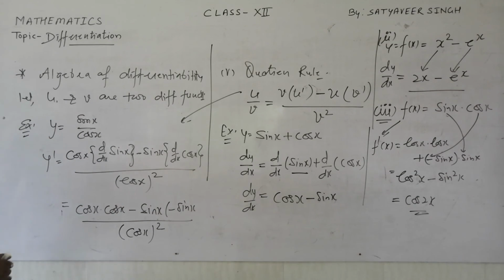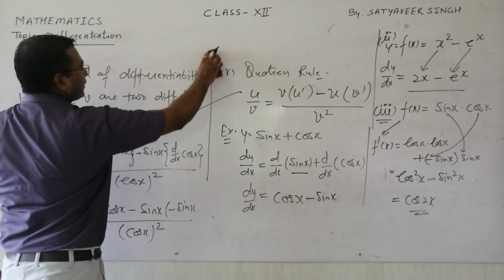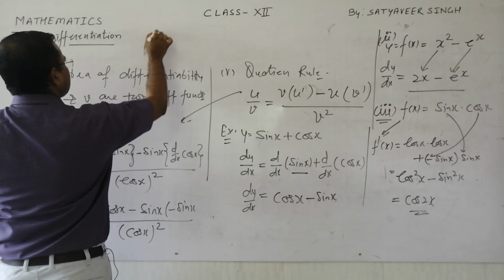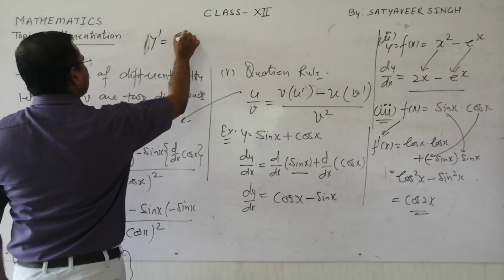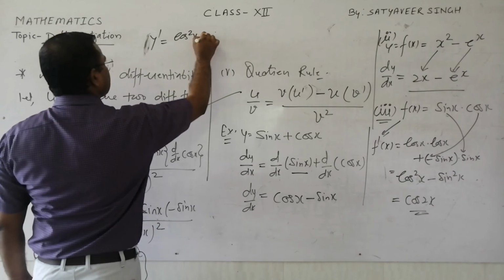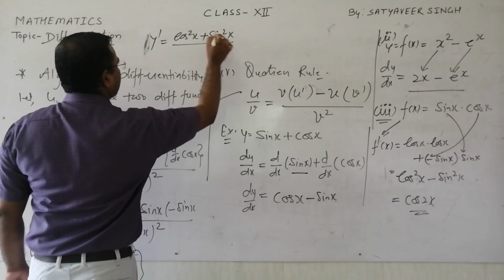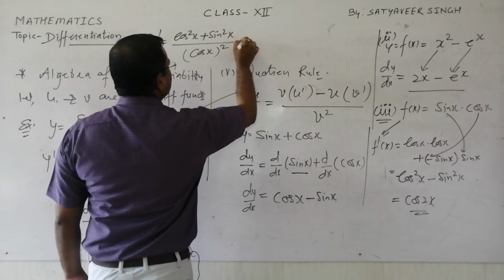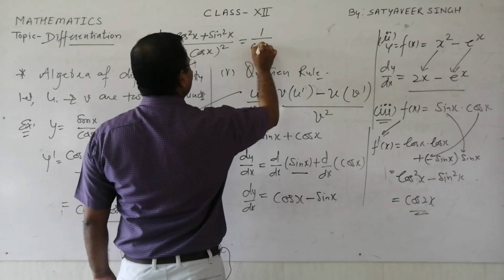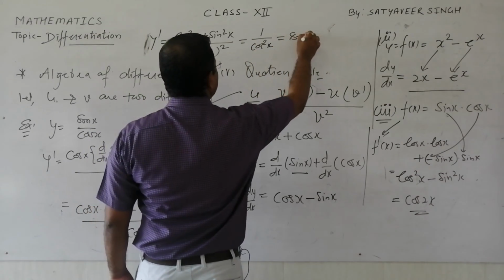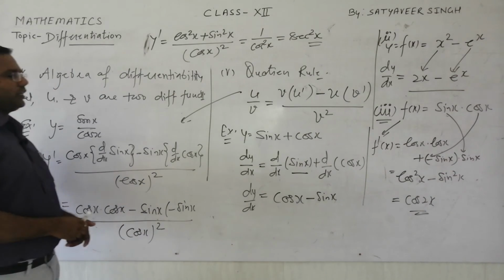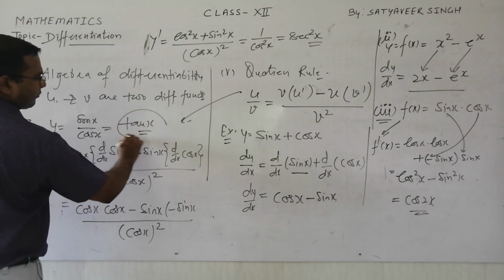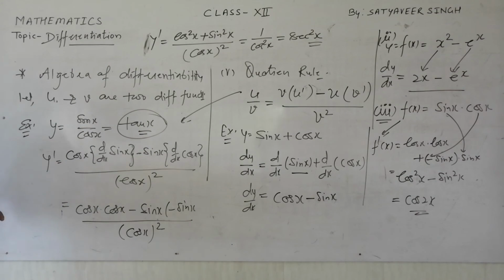So you can just multiply this and write the result here: y dash is equal to cos square x plus sin square x, upon cos x whole square, which we can write as 1 upon cos square x, which can further be written as sec square x, because this is also equal to tan x and the differentiation of tan x is sec square x.